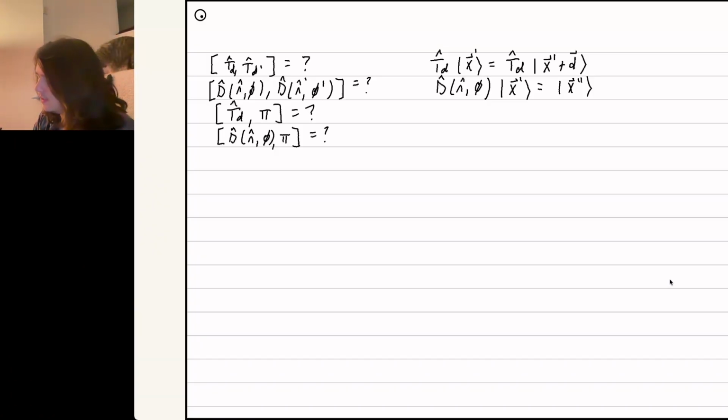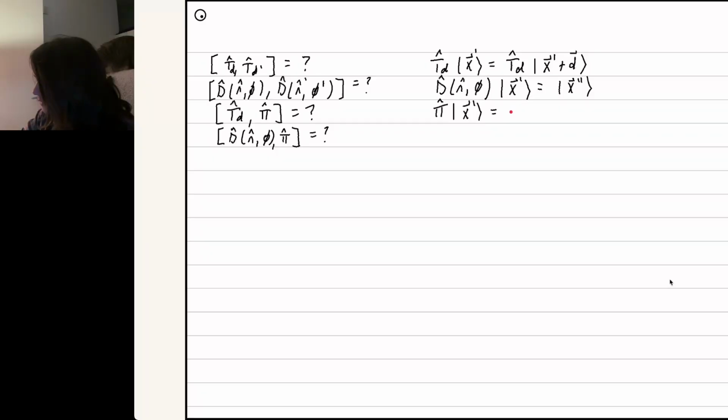Then the pi is the parity operator, which just flips the sign of a quantum state.